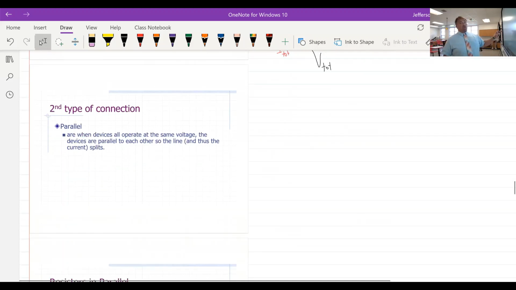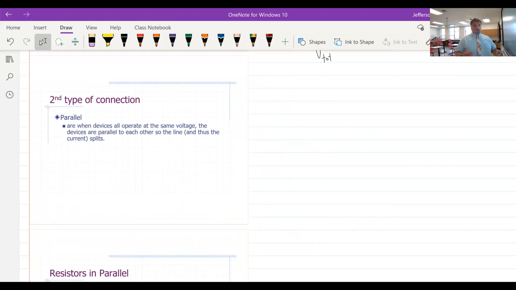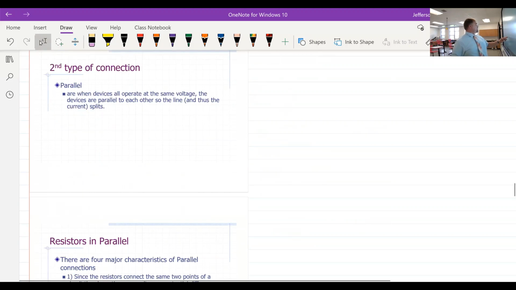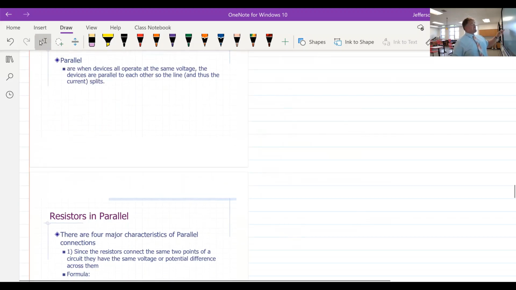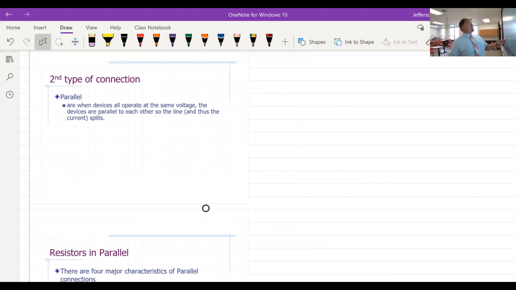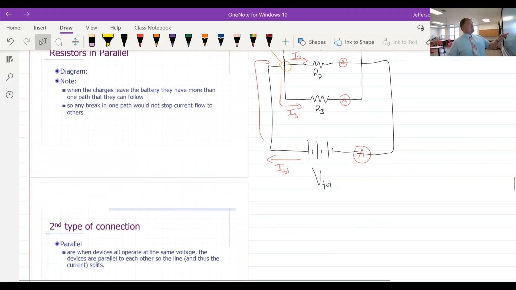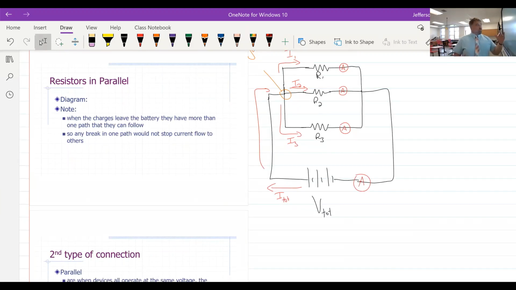Okay? So the key with parallel, and the first characteristic, is that these devices all operate at the same voltage. And this is all based off the law of conservation of energy. Remember, if you leave your battery, you're going to gain a certain amount of voltage. When you come back around to the other end of the battery, you will have lost all that voltage.